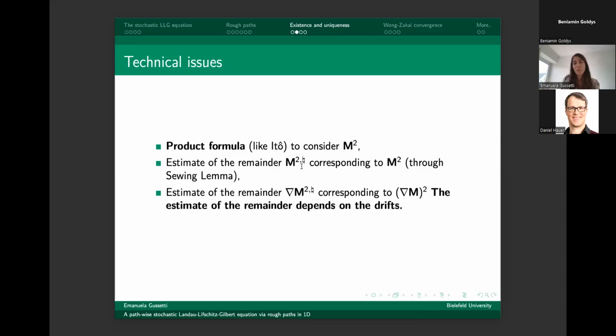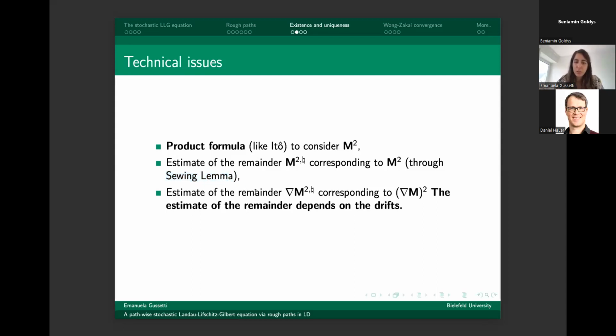But of course, the Taylor expansion is a local thing. So the sewing lemma is what allows us to pass from the local representation to the global representation. This is why it's so famous and important in rough path theory. So this is a kind of passage to the global integral.